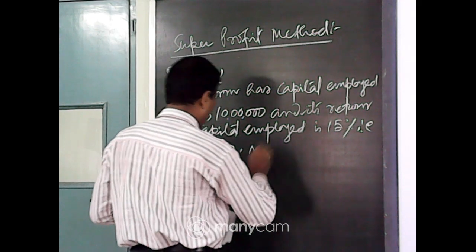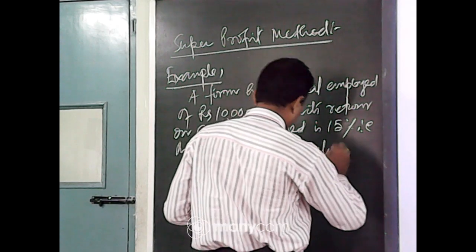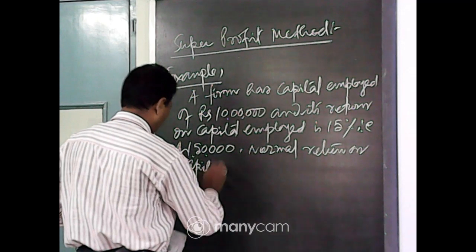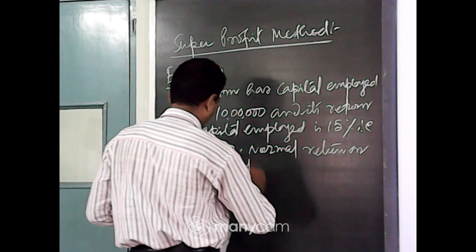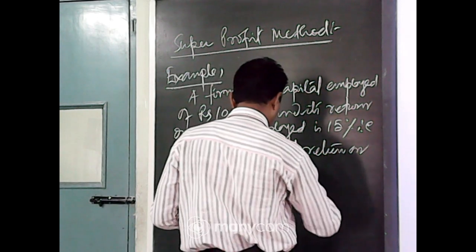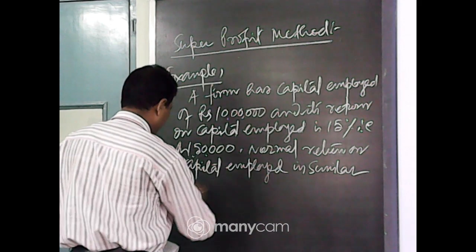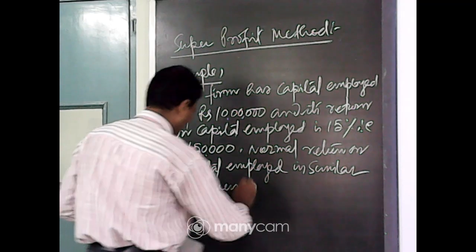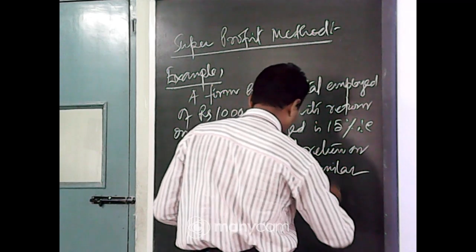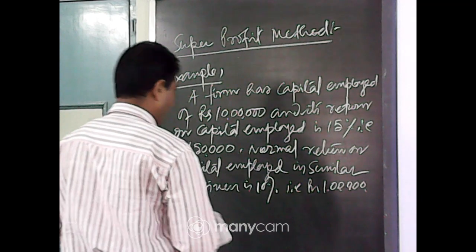Normal return on capital employed in a similar business is 10%, that is rupees 1 lakh. So the firm has super profit.